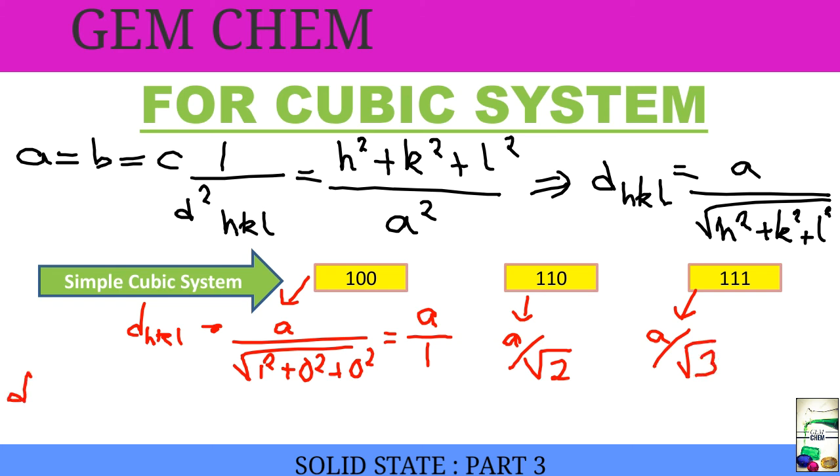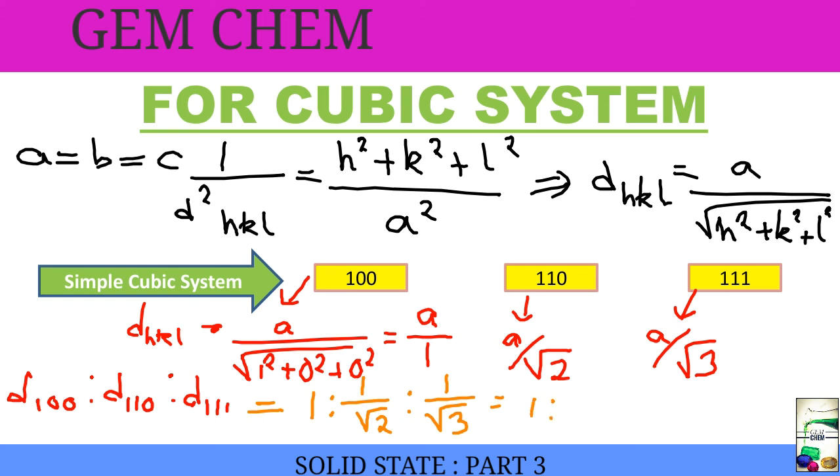If we write the ratio of d100, d110 and d111, then the value is equal to 1 is to 1 by root 2 is to 1 by root 3, and on using division we get this value.